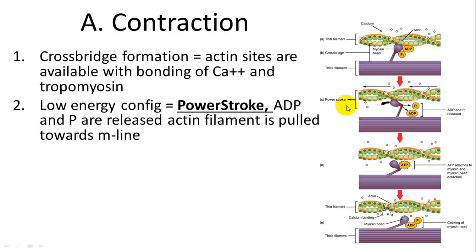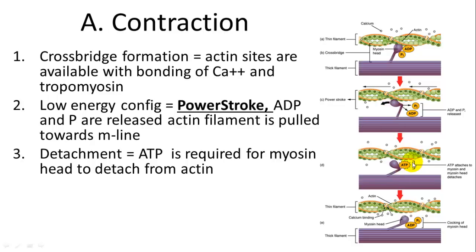This is where the movement actually occurs, and that causes the ADP and phosphorus to move away from the myosin head. But now it's stuck there and it needs to move, and in order to do that it needs more energy. So to get it back down into the cocked position, it has to detach and has to use ATP in order to do that.